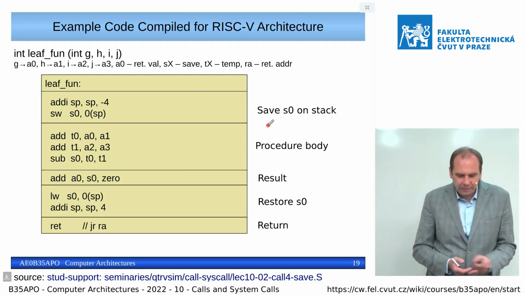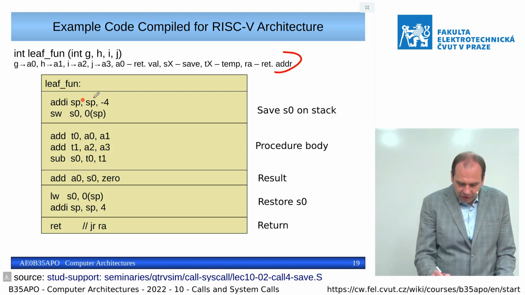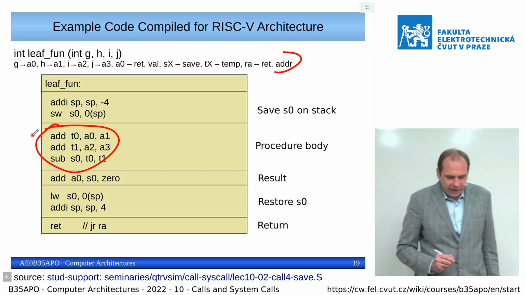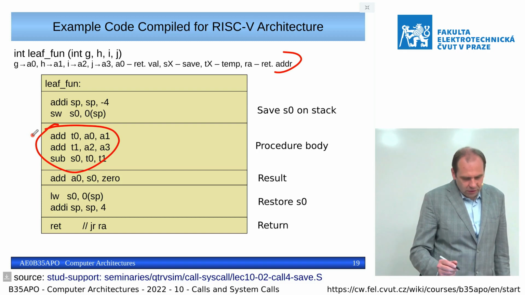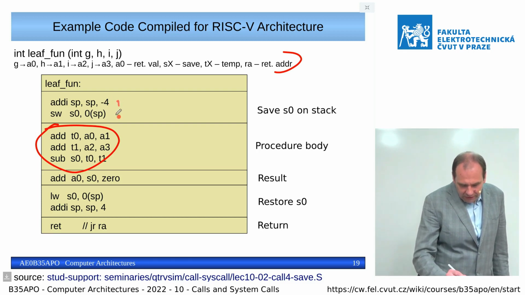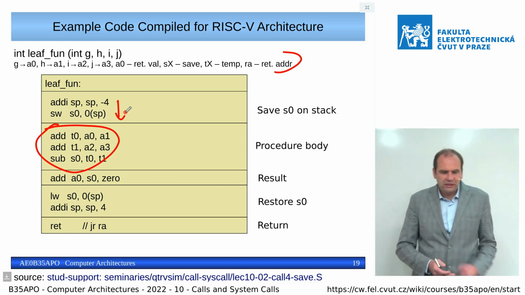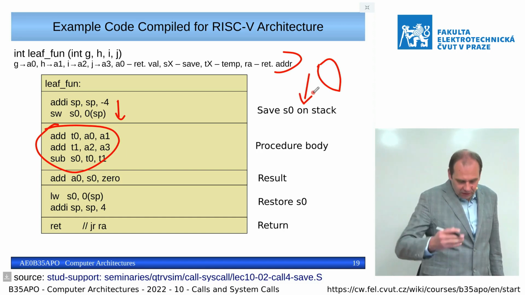So there is a mechanism for how to store registers or values which should be preserved. So this is actually our function, still the same, you see the same body. But in this case, we first allocate a space on the stack, this way that we let the stack grow by 4 bytes lower.